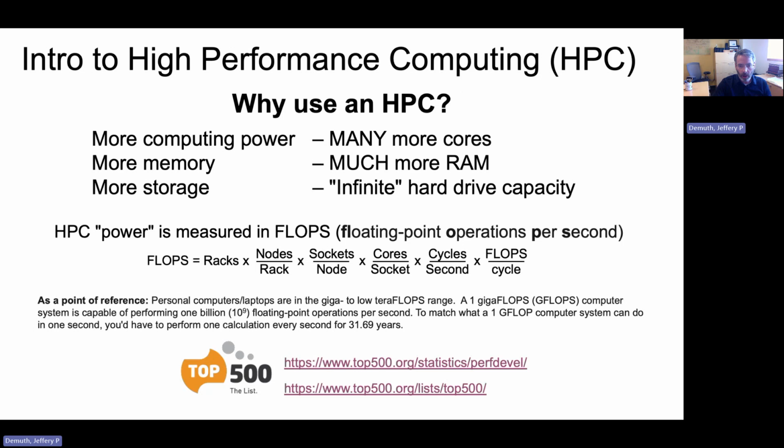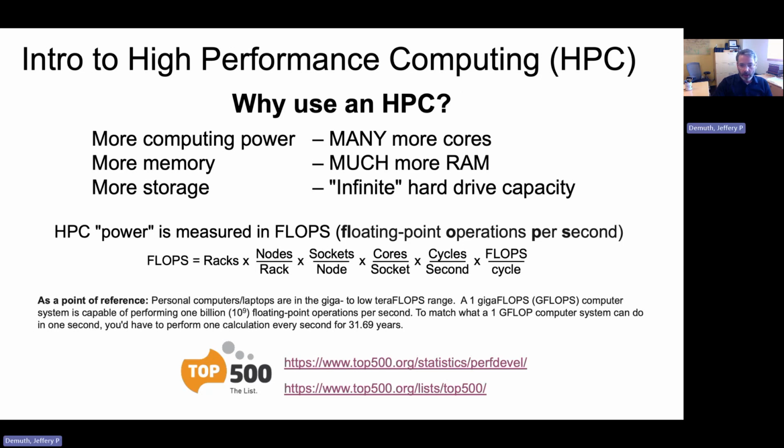I put infinite in quotes there because the cost of hard drive capacity, and now we're moving to solid state disk capacity, is so low now that there is essentially unlimited storage space to house data sets. And especially when we start talking about very large data sets that you can get with some sequencing projects, you need all of those cores and all of that RAM in order to really do the analysis that you want to do.